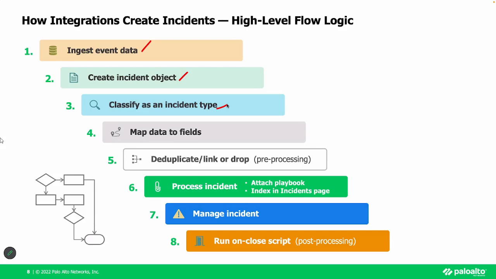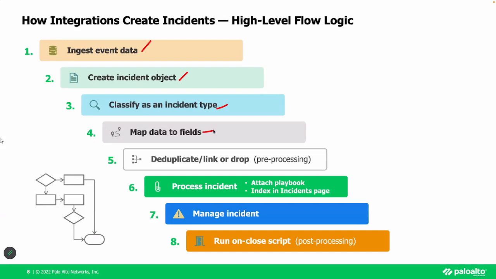So at this particular moment, on step 3, by having an incident type, I just received an incident. This is a phishing incident type. You have a phishing playbook, a phishing layout, phishing things that grab the correct data over the incident that we just saw. We have mapped data to fields.